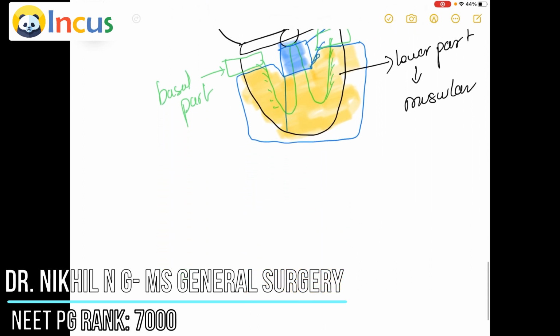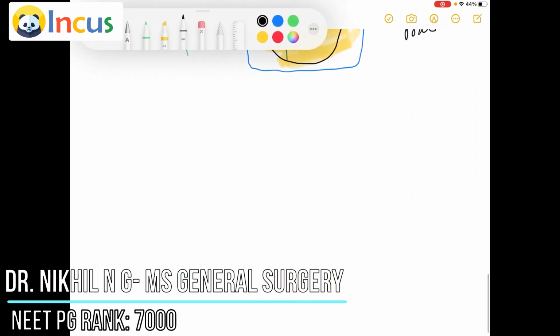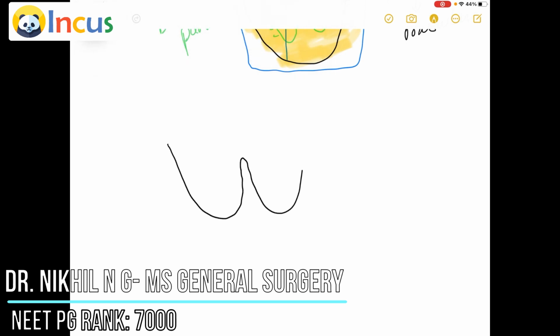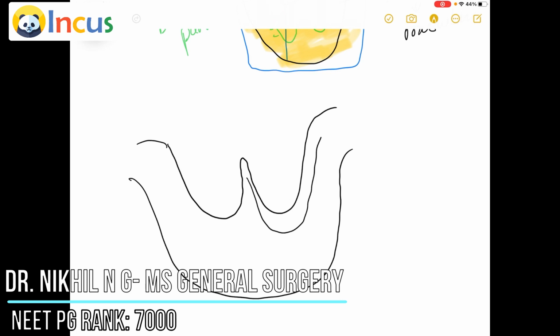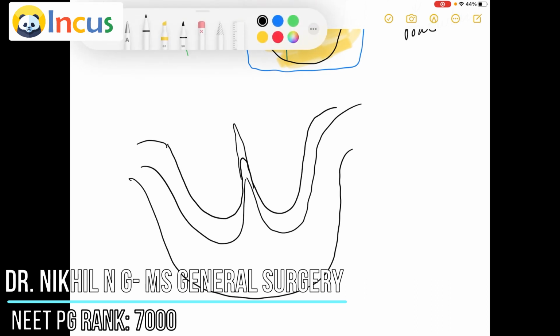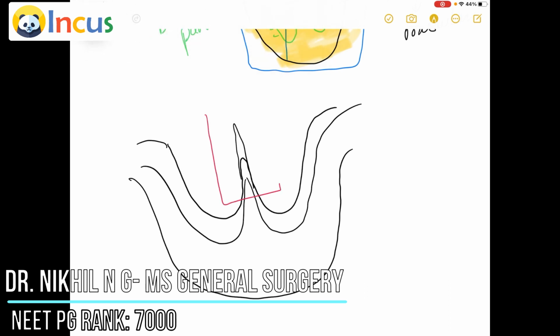Let's see what happens when electrical activity occurs through these various areas. To explain this, we'll show just the diagram of the ventricle. So this is the ventricle, and there are Purkinje fibers here. We shall see what happens in the septal part.